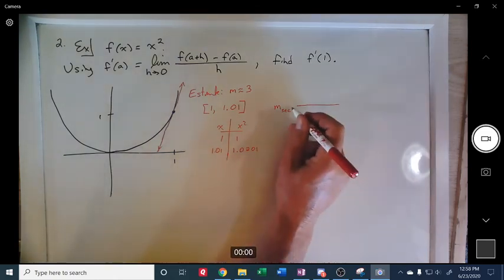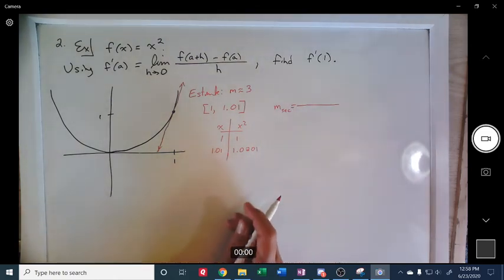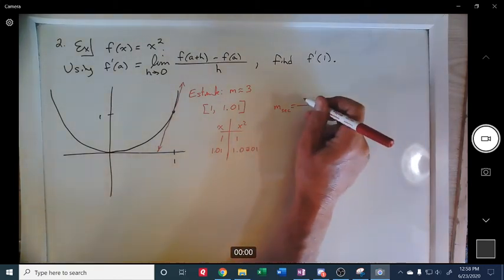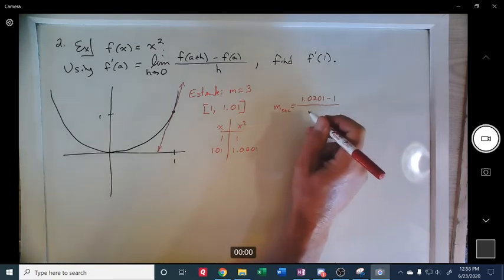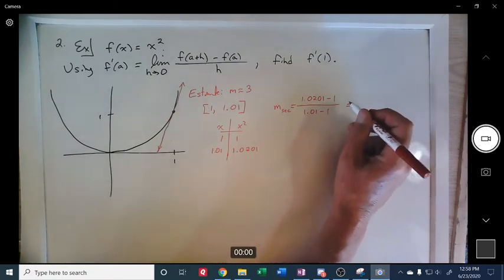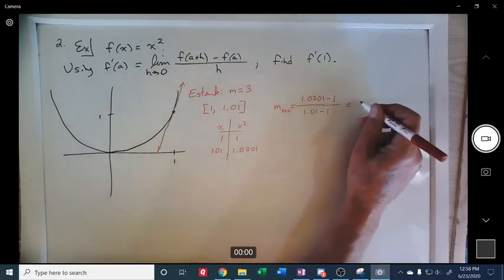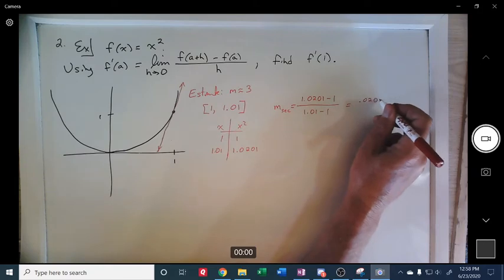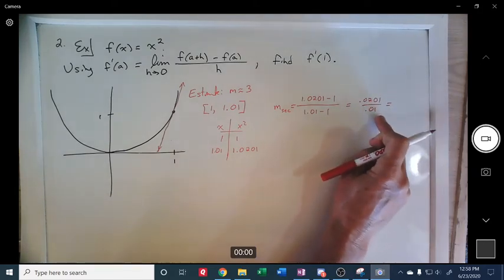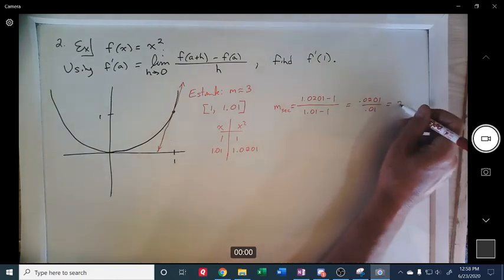So the slope of the secant line is going to be this minus this, the difference in the y's, over the difference in the x's. And then I'm going to get 0.0201 over 0.01. Move the decimal to the right 2 places, top and bottom.